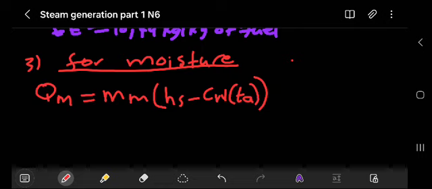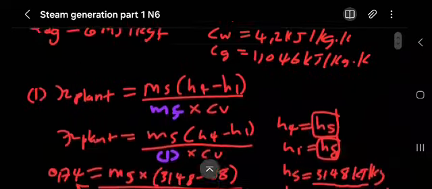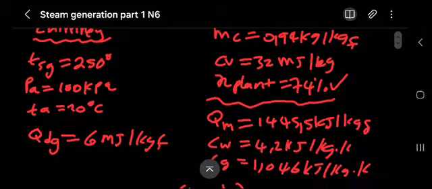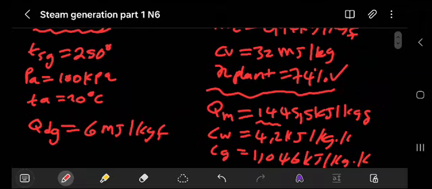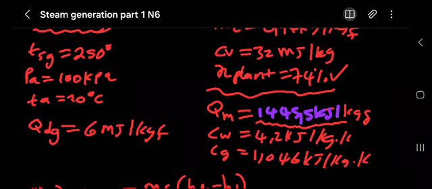We've discussed the mass of the moisture. We've given, obviously, while I'm using the heat, the heat of the moisture here. The heat of the moisture is there on our data. We've just grabbed it, 1445.5 kilojoules.